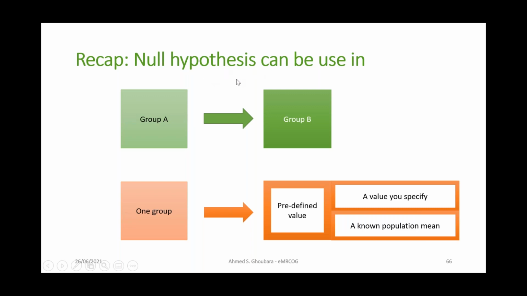You can compare group A to group B, like in the case of HPV infection and no HPV infection, for the rate of cervical cancer, and the null hypothesis states that there will be no difference at all between group A and group B in the rate of cervical cancer.